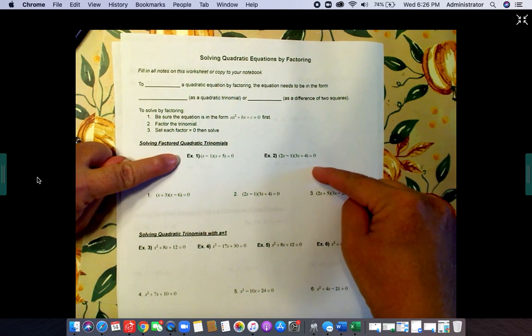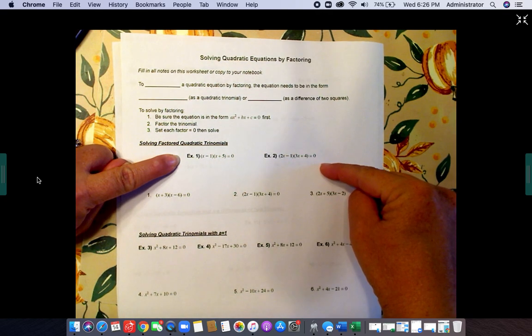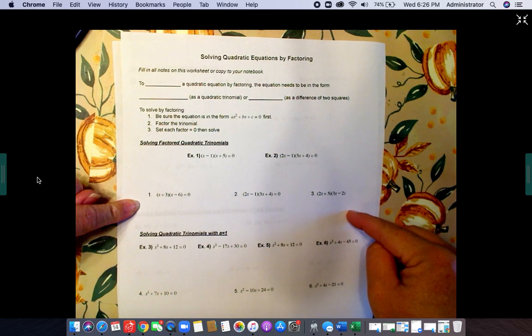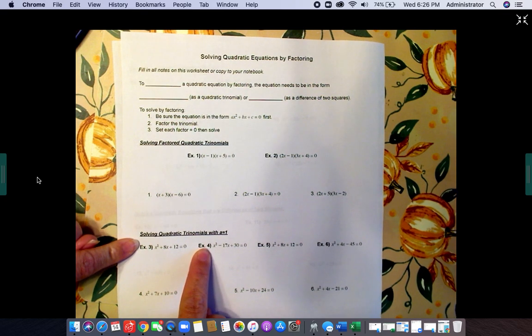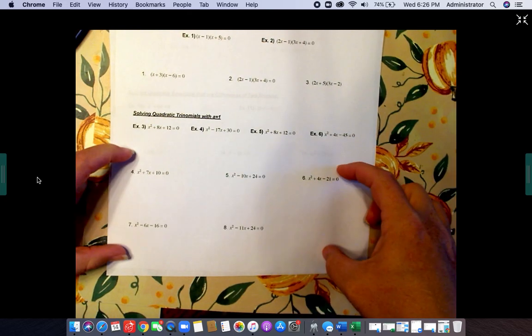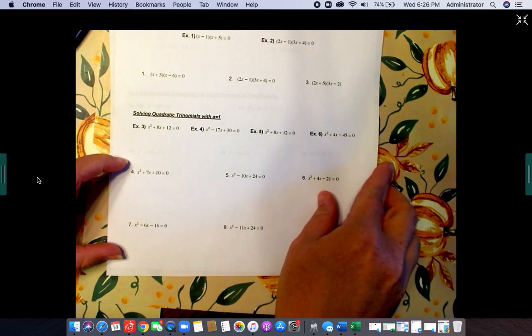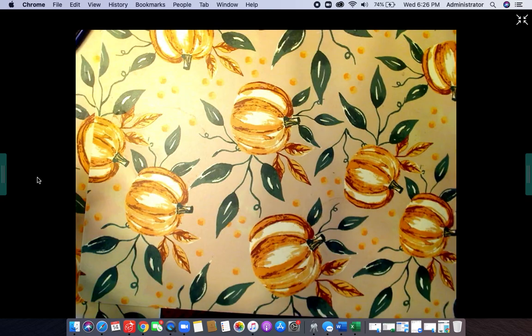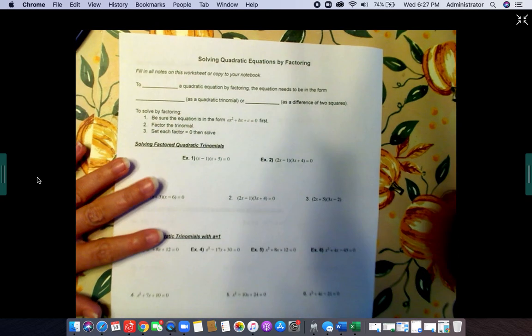So there will be a video explaining the notes in 1 and 2, and then you'll have to do 1, 2, 3. Then you'll move on and watch the video for a equals 1, where I will work out examples 3 through 6. Then at the conclusion of that video, you'll finish 4 through 8, etc., until we finish. And there are 15 total problems for you to practice independently.